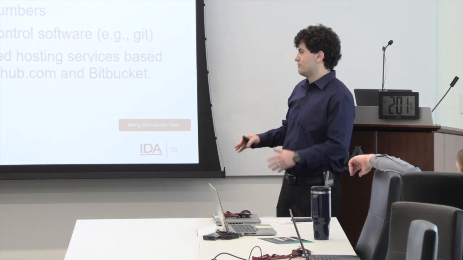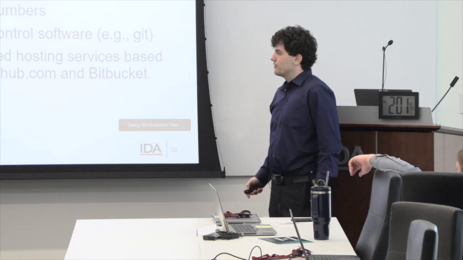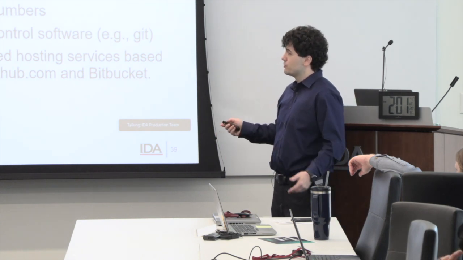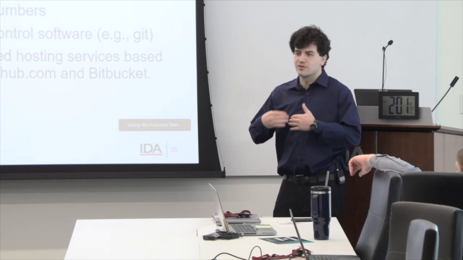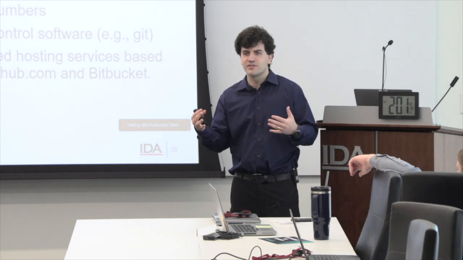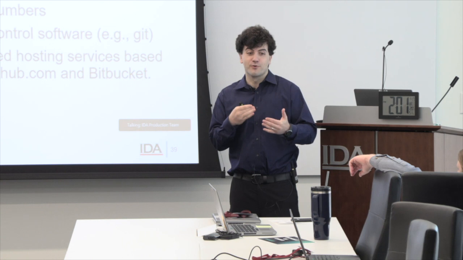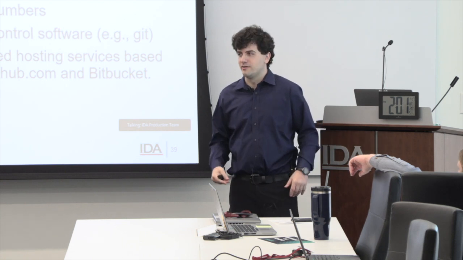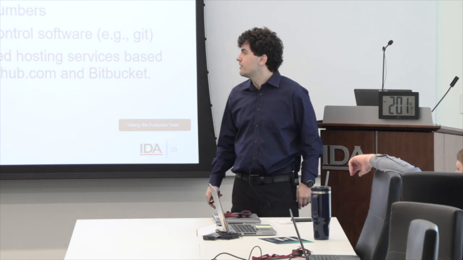Most developers would know what Git is, and it's important to use because if you write a script, chances are it's going to evolve over time, and if at some point it breaks, you want to be able to revert to a previous version that was working, and that will also help you debug and fix your problem.